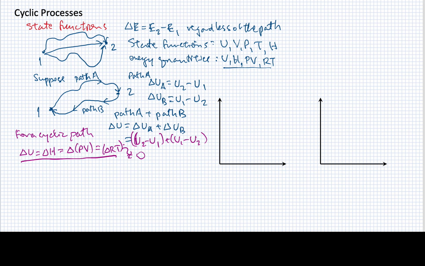So this is true in general of all state functions. If you follow a cyclic path, their net change is going to be 0 because you've gone back to the same state that you started in.